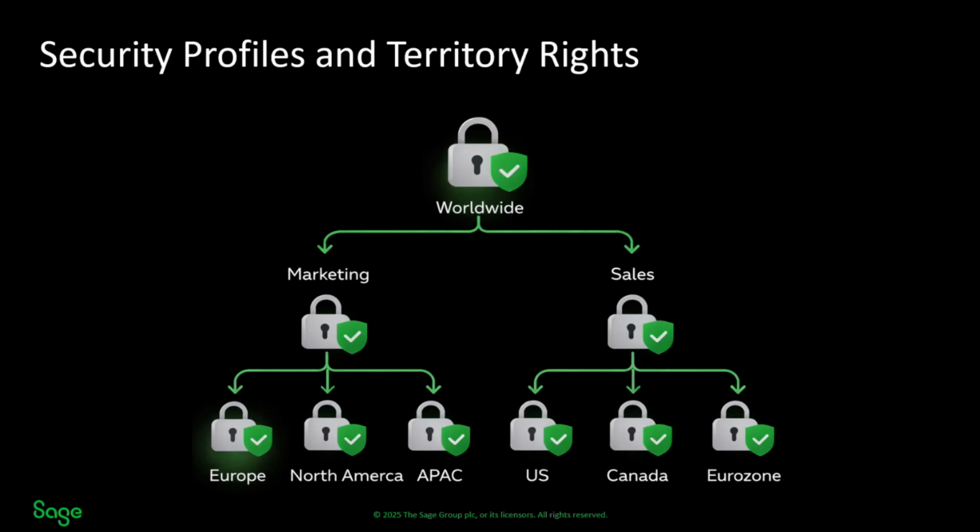So the profile is all about what actions you can carry out, but whether you see the data is down to your territory, with the additional policy granted in the context of our profile. Now, this allows very precise control.